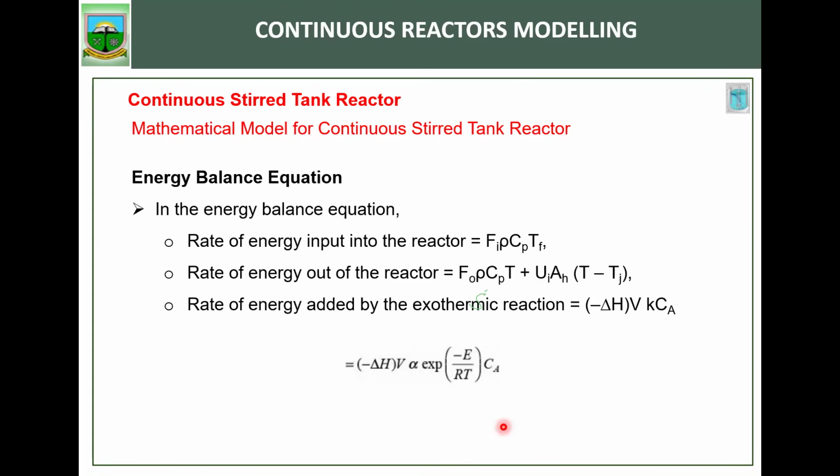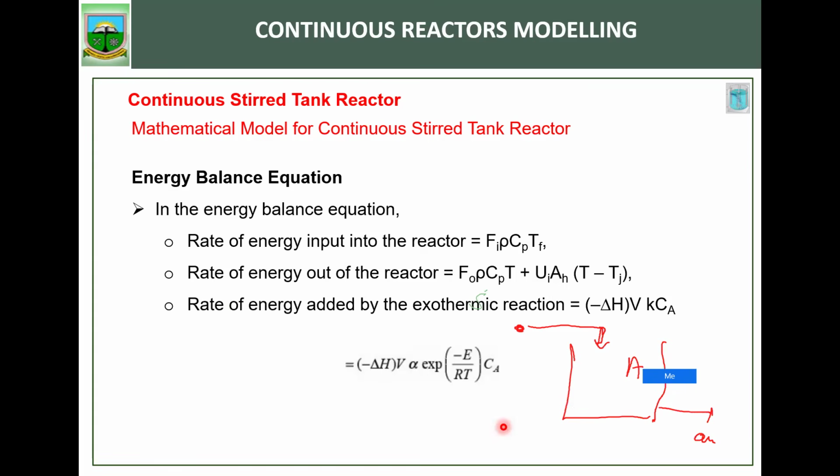After that, you go to the energy balance for the CSTR. For the energy, it's the same way as the mass, like I told you. This is the CSTR. You remember, we have something coming in, something going out, right?